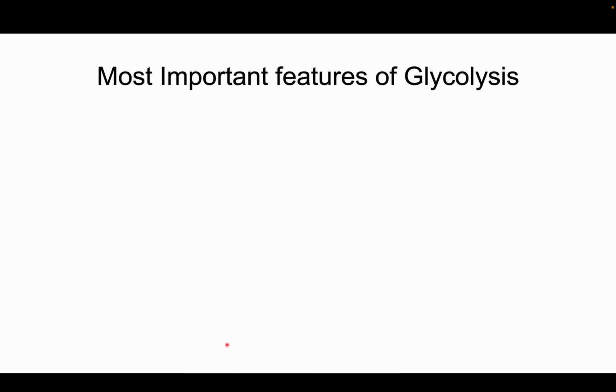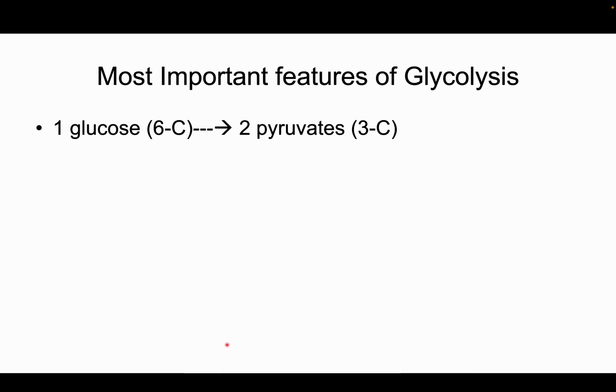Now, some of the important features of glycolysis that we should not forget. In terms of the key transformation, one glucose molecule yields two pyruvic acids or two pyruvates, from one six-carbon compound to two three-carbon compounds. By nature, glycolysis is anaerobic, but the succeeding steps will be dictated by the presence or absence of oxygen.